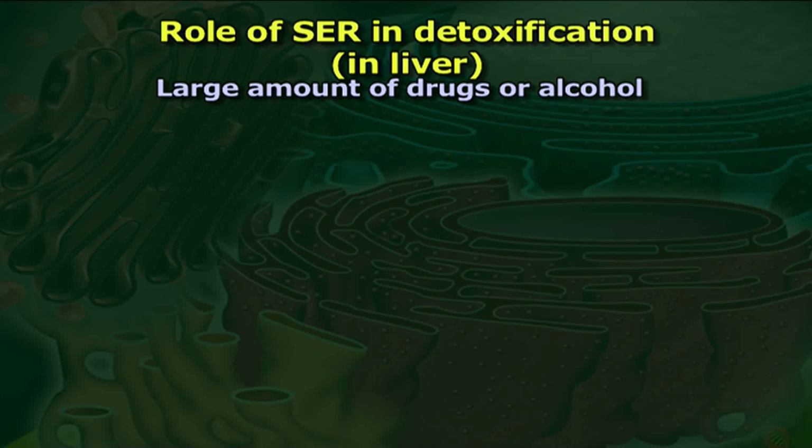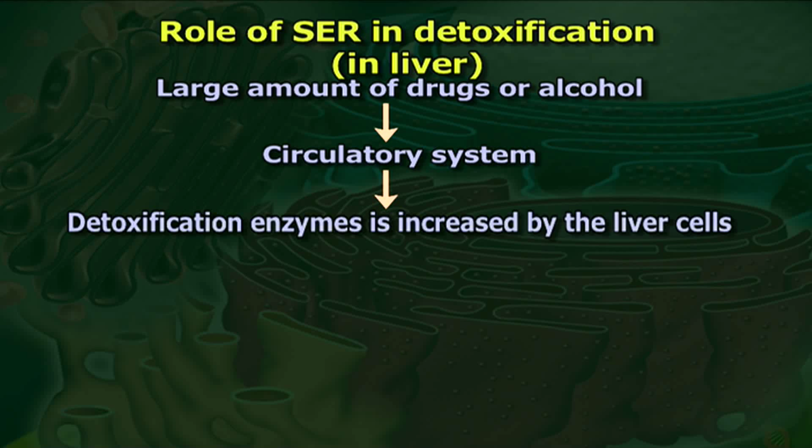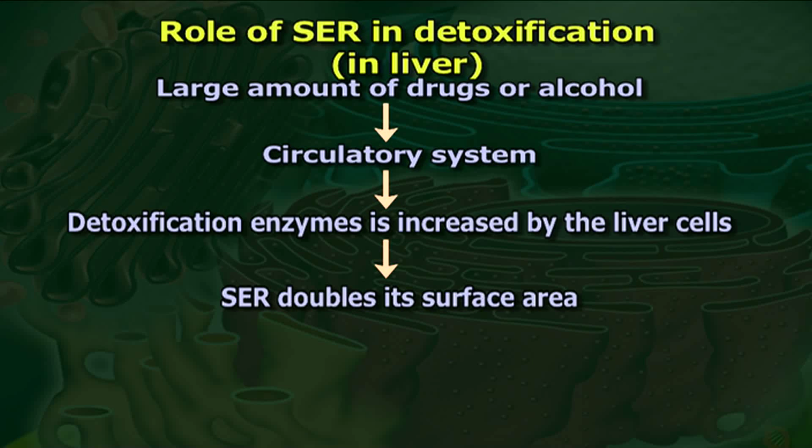When a large amount of drugs or alcohol enters the circulatory system, the production of detoxifying enzymes is increased by the liver cells. To perform the function of detoxification, SER doubles its surface area.